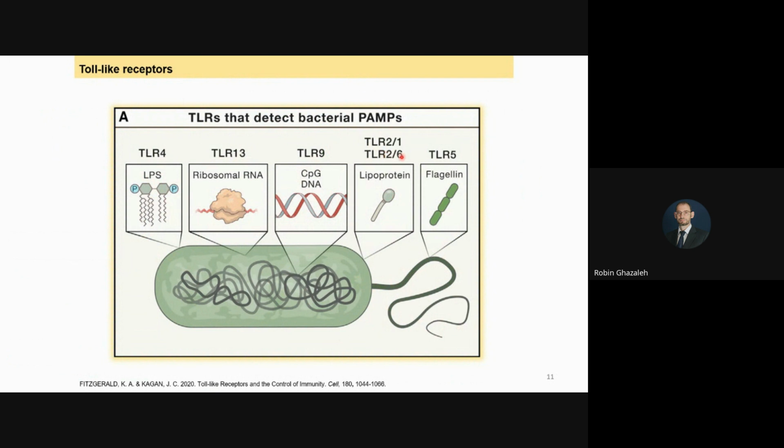The numbers may seem strange to you, the fact that here we've got 2 and then /1. What this indicates is that the structure of the toll-like receptor is actually a dimer. It may be a homodimer, so 2 toll-like receptor 5s joined together, or it may be a heterodimer. And these 2 are examples of heterodimers.